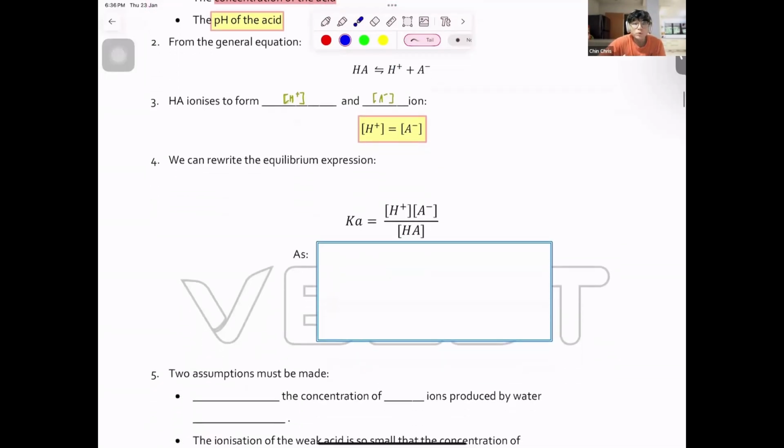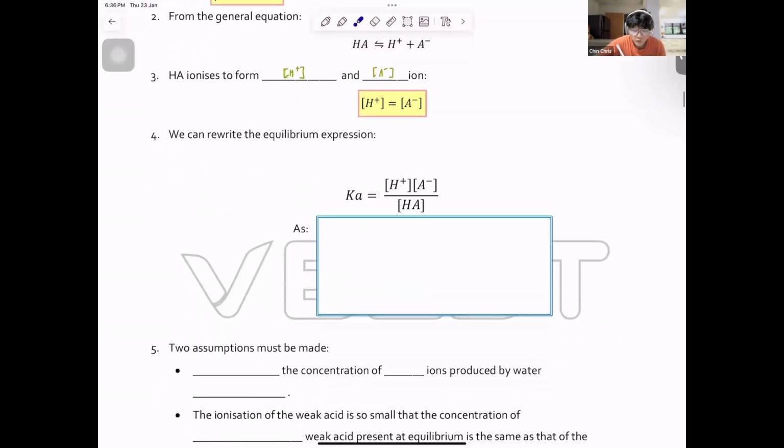Next, you can put it into the Ka equation. So Ka can be written as H plus times A minus over HA, correct?